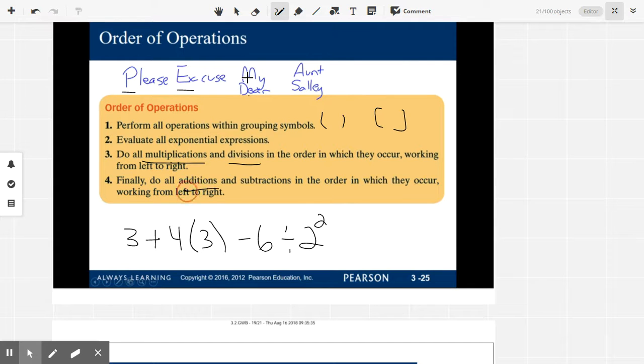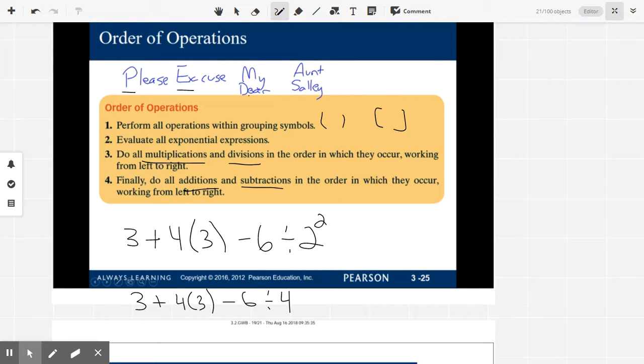And then the last thing is addition and subtraction. Addition and subtraction are equal. You work from left to right. So once I do all that, I would do this addition before I did this subtraction. If I was actually working this problem, I would do this first. So this would be 3 plus 4 times 3 minus 6 divided by 4, because 2 squared is 4.